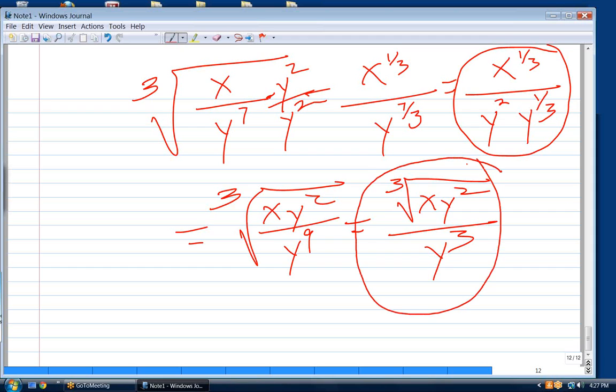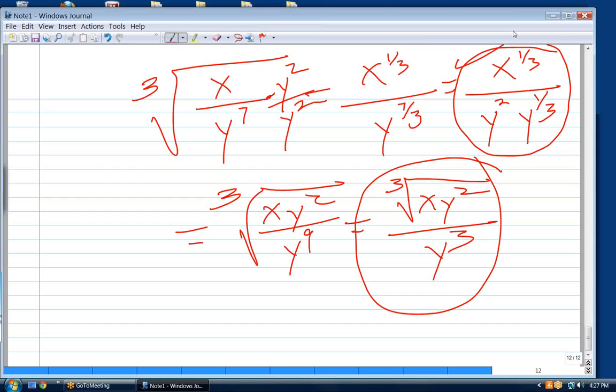So this perhaps is a better answer, and I just realized why this top answer is not the best answer. It's irrational. It's got an irrational denominator. When you take the cube root of y, that's irrational, usually.